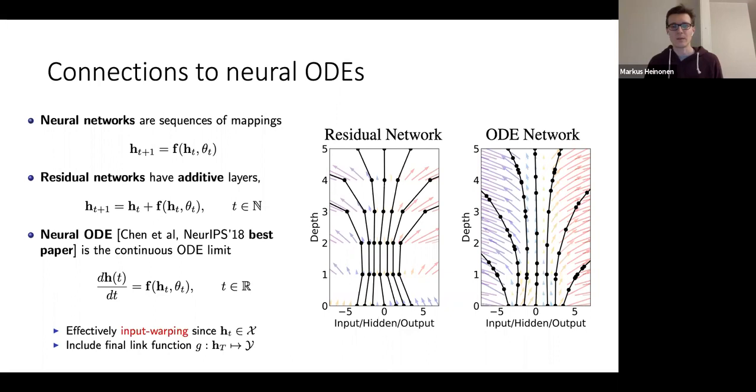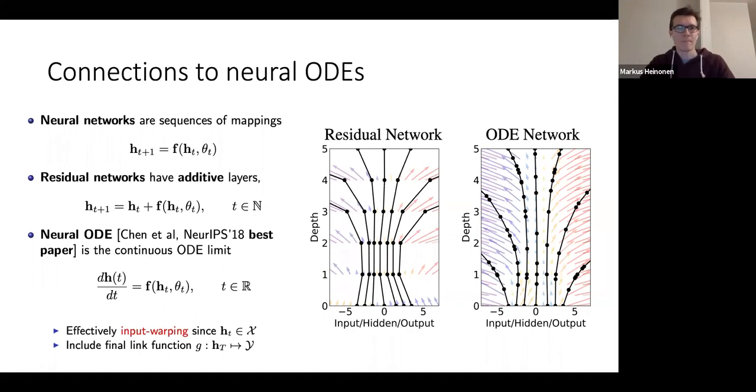We are basically just input warping the input signal to go to some place. Instead of doing discrete jumps, we are doing continuous jumps. And obviously this requires some kind of final link function to be mapped into the outputs. And in practice, a single layer could be replaced by one ODE net. Then you do maybe downsampling or upsampling, and then you proceed.